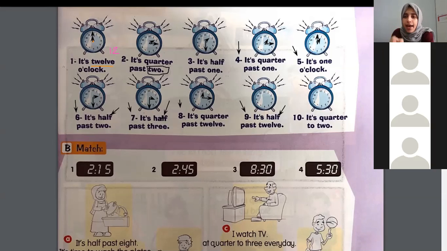Look, for example, in number 7, we said half, so we put the long hand at 6. Number 8, we said quarter past, so we put the long hand at 3. Number 9, we said half again, so where do we put the long hand? 3 or 6 or 9 or 12? 12. I can only put it at 12 if it says it's 12 o'clock.